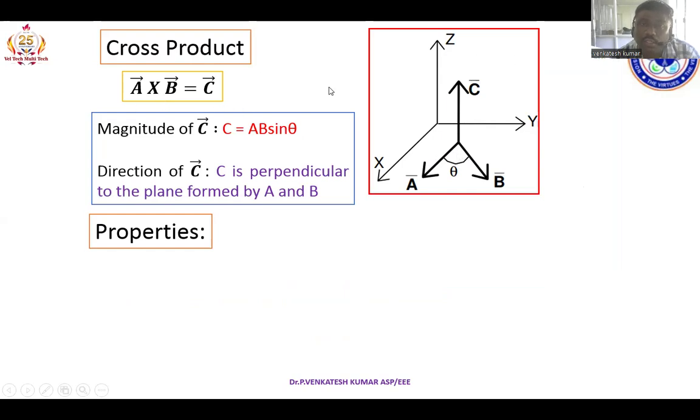That is why we represent it as A vector cross B vector. So what is the new vector? C. The magnitude of C depends on sine theta. C is perpendicular to the plane formed by A and B. This is our plane, perpendicular to the X vector and Y vector. What are the properties of the scalar product: commutative, distributive?